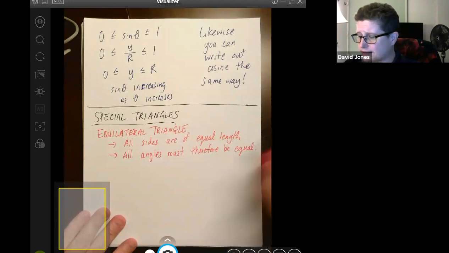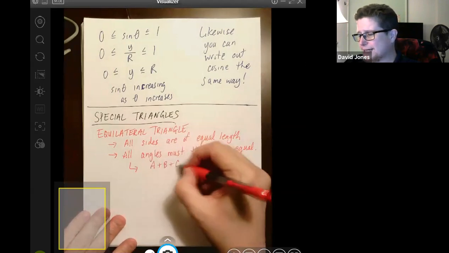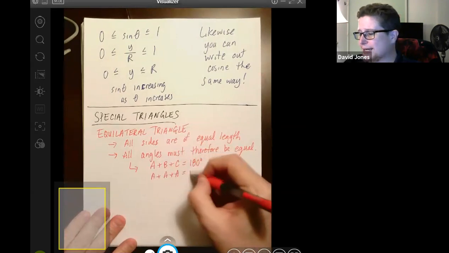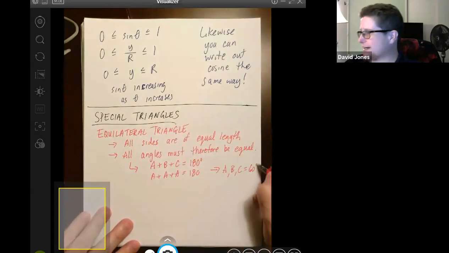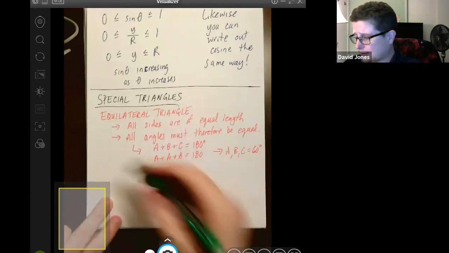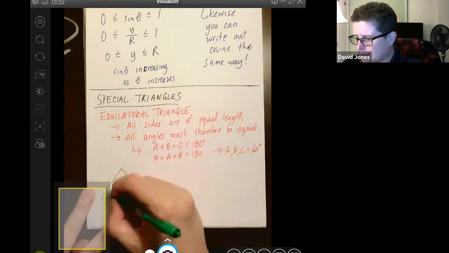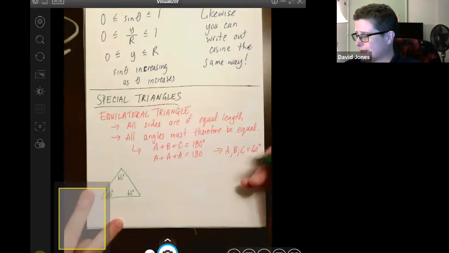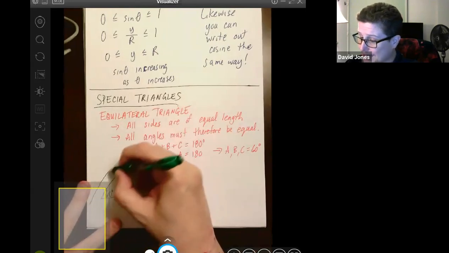And that means A plus B plus C equals 180 really turns into A plus A plus A equals 180. And you'll find out that A, B, and C are all 60 degrees. An equilateral triangle is 60 degrees, 60 degrees, 60 degrees. Guess what? We can make a bigger triangle that has the exact same thing.